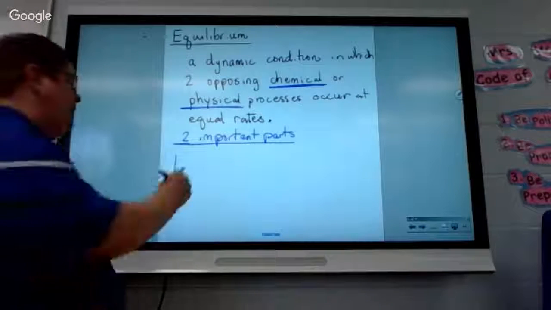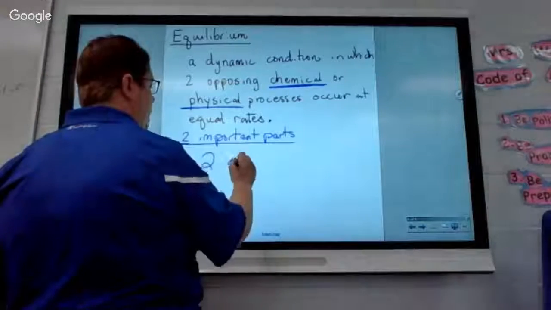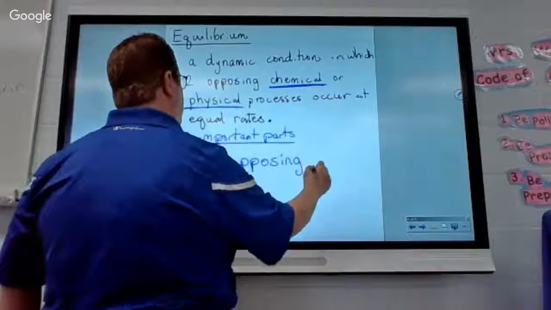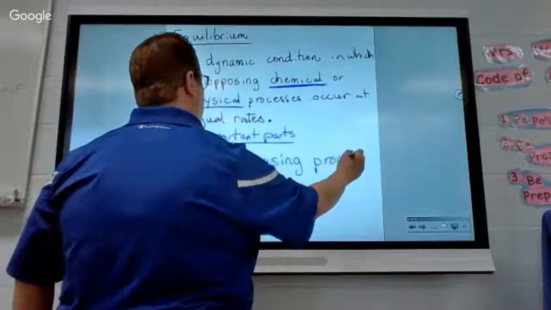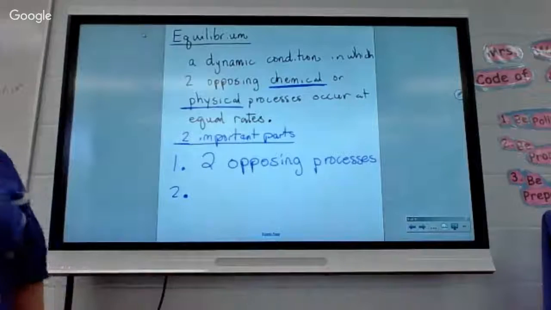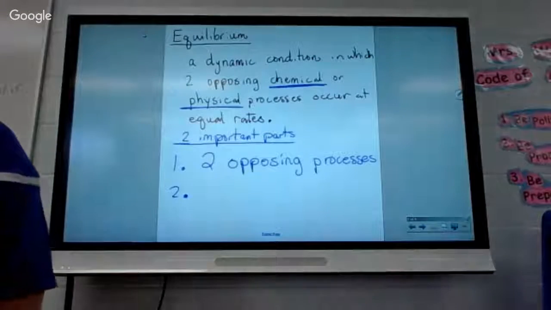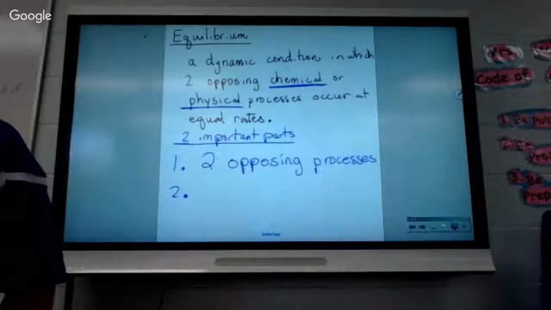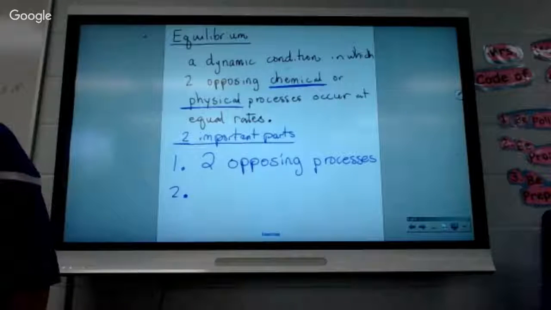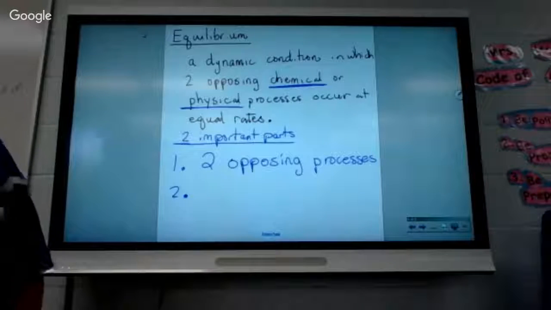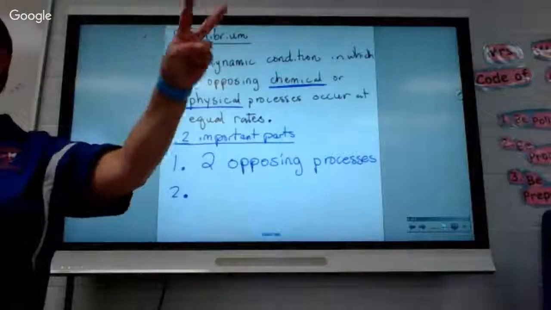All right, you have to have two opposing processes. Now, when I say opposing, do y'all know what I mean? Opposing means what? Two opposites, okay? Does everybody know opposing means opposites? Okay, so I've got to have two opposite processes.